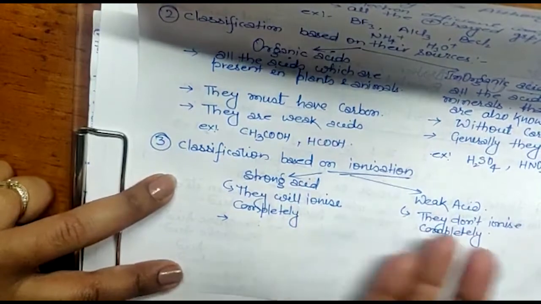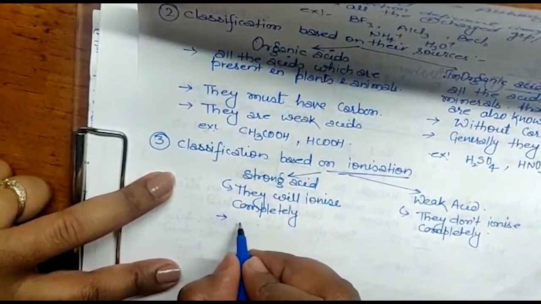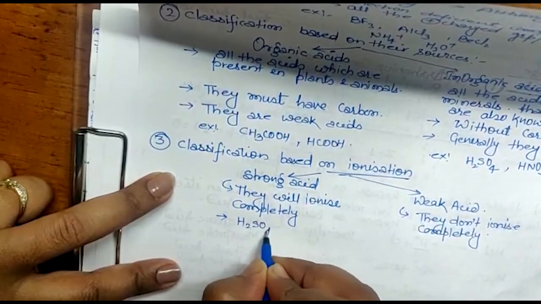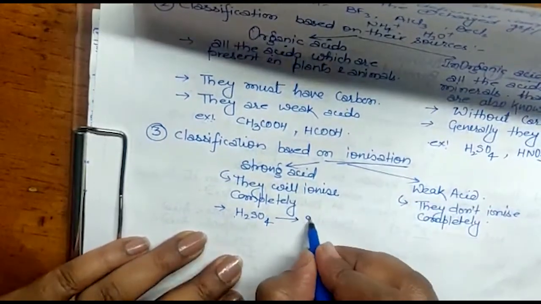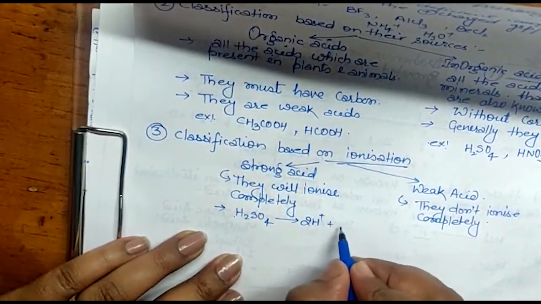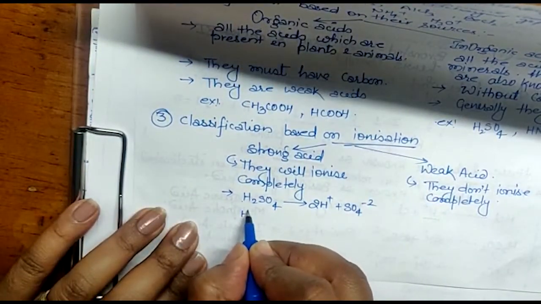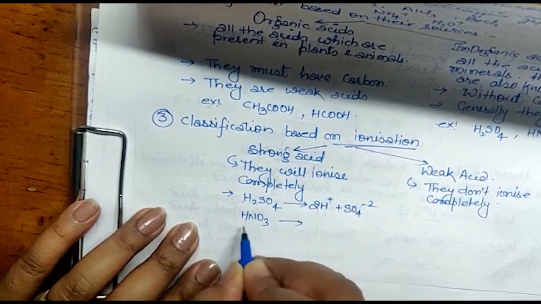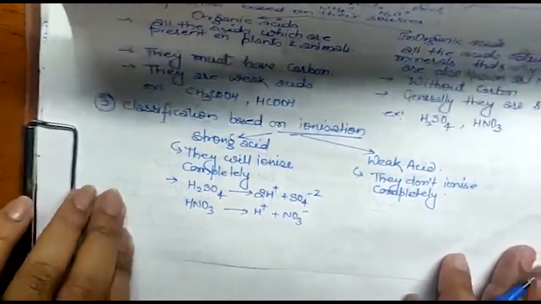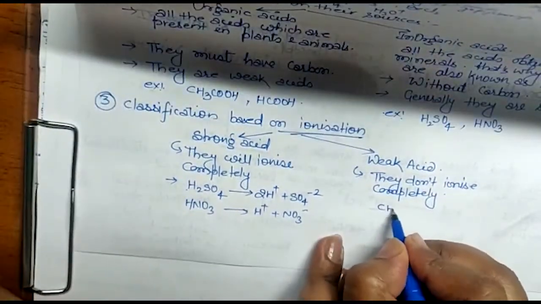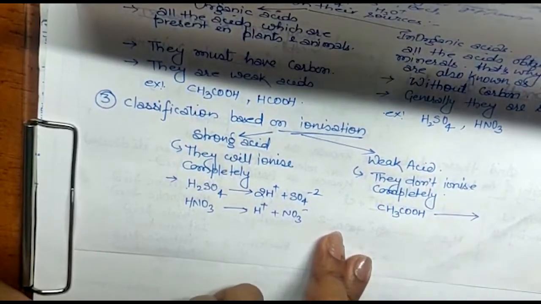So the example is the same. Weak acid means organic acid, and strong acid means mineral acid. You can write H2SO4. How many hydrogens here? 2. So on ionization it completely gives 2H plus. Got it? Like HNO3, on ionization how many H? 1. So it completely donates. But if we talk about weak acid, like CH3COOH, how many hydrogens here? 4. It should give 4, but actually it doesn't.